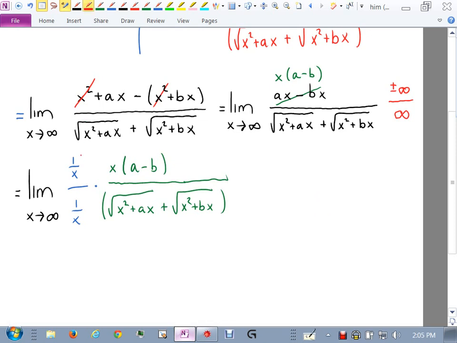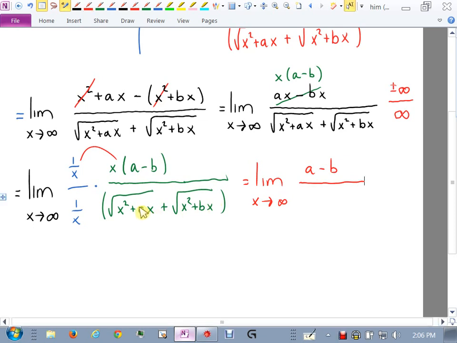All right, let's pass this thing through. This multiplication just kills off that x, doesn't it? I'm just left with the limit as x goes to infinity of a minus b over... When this 1 over x goes in here, it gets squared, so that becomes the square root of 1 plus, when that 1 over x goes in here, it becomes 1 over x squared, but then it gets put under here, just a over x, right?